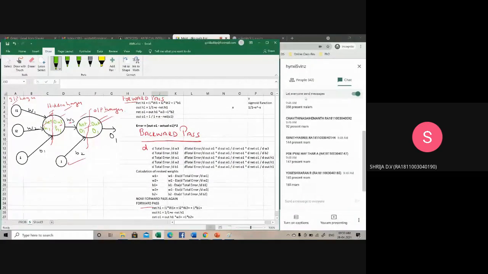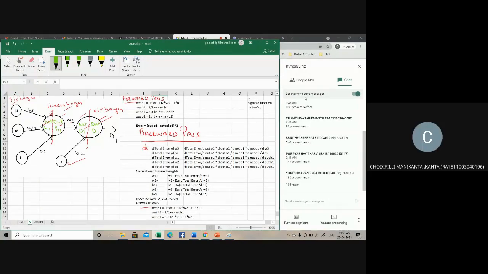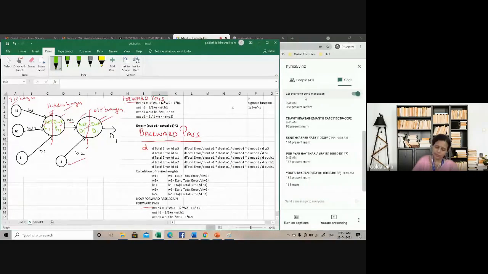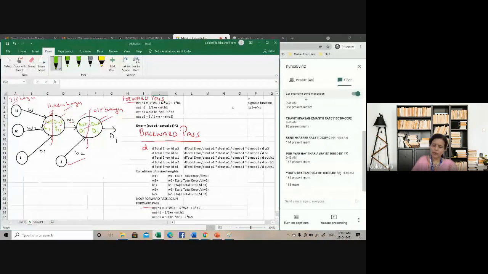Okay, Shrija, noted. What about 194, Shruti, is there? 196, Manikanta. Present, ma'am. 197, present, ma'am. Irfan. Present, ma'am. Every alternate day you are on leave.